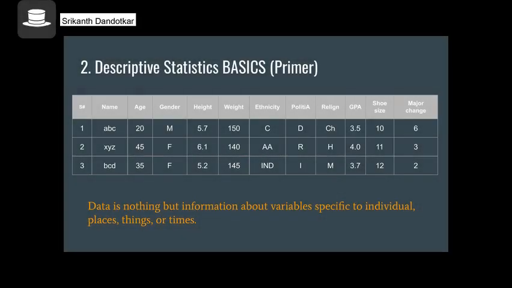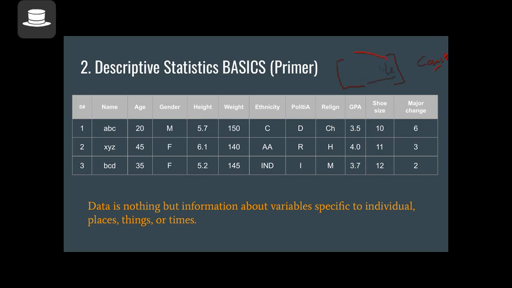Okay, so this is more like a primer where we'll touch upon some things that you might already know. So we said a variable, right? Now, what is a variable? Variable is something that is not constant. It varies. That's why it's a variable. Constant is something that is always the same. It doesn't change.